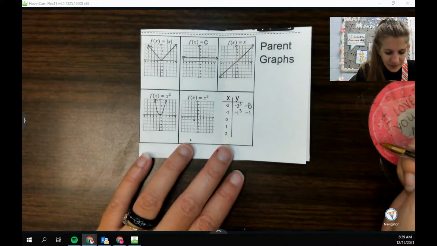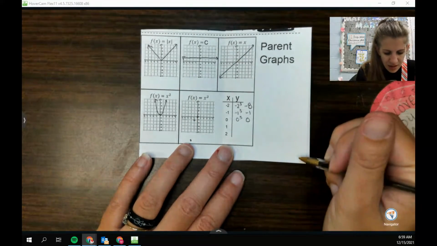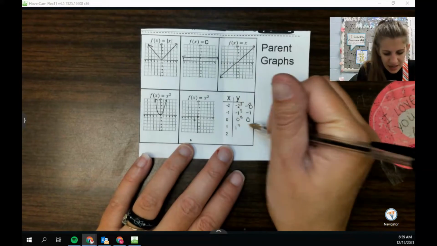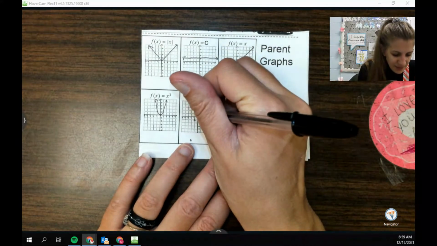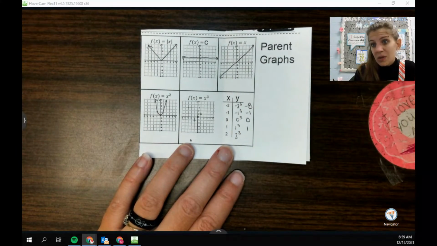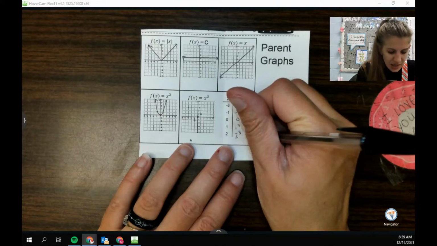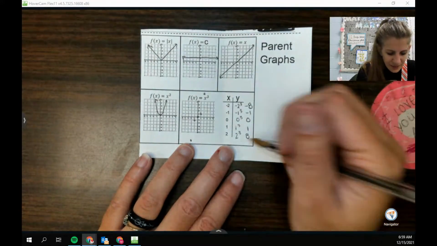When I plug in 0, you're 0. When I plug in 1, you're 1, like 1 times 1 times 1. And then 2 to the third is 2 times 2 times 2, so positive 8, which again is a little bit off this graph, but kind of there.